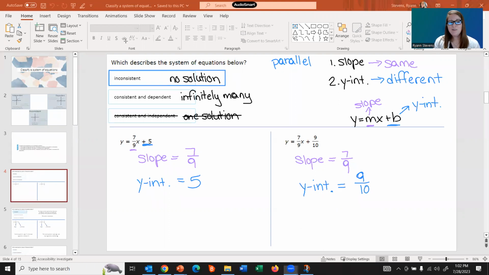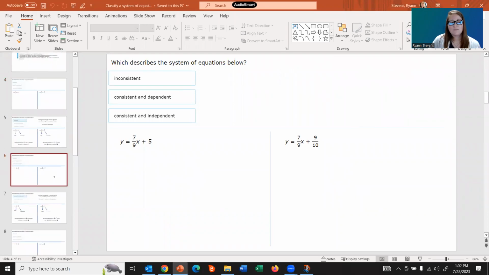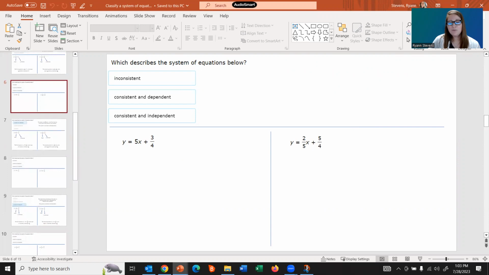All right, so we're going to move on to the next example. Here we still have the same answer choices, either inconsistent, consistent and dependent, or consistent and independent.